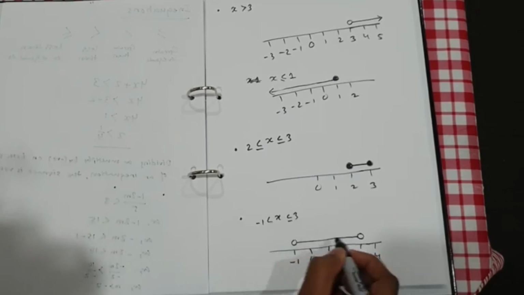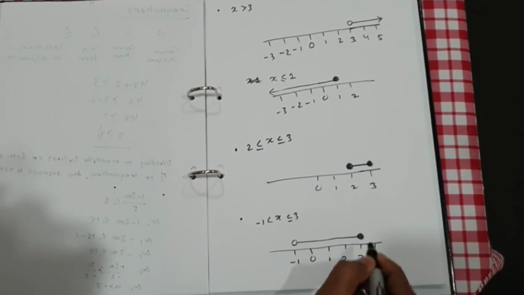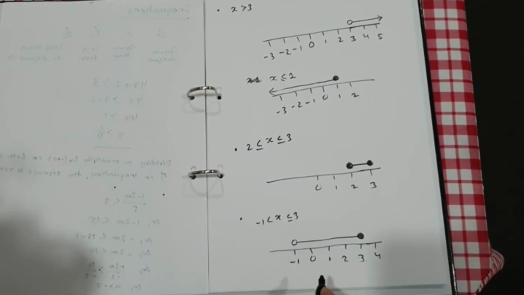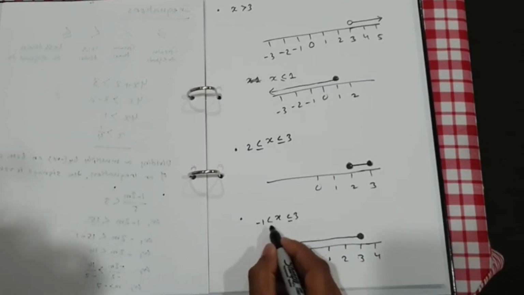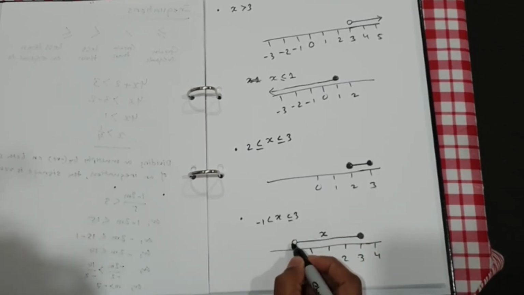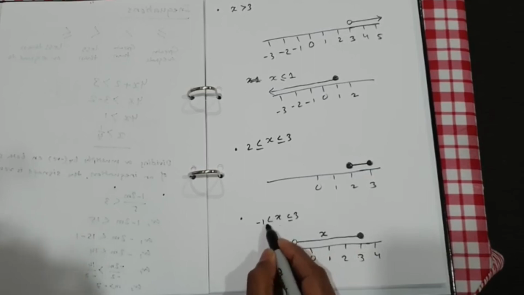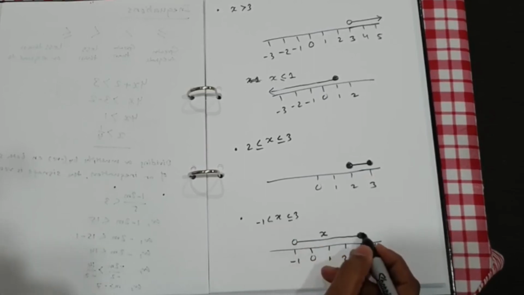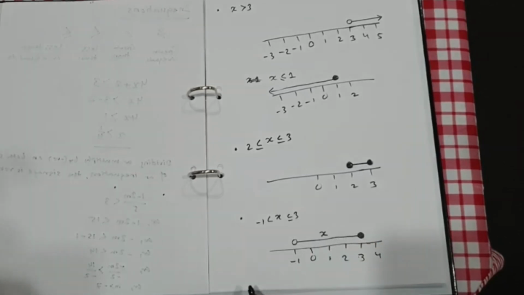You've taken a line. 3 is full, so you've taken a full line. -1 is only greater than -1. So this, and this is the value of x. Starts from -1, finishes at 3. Because it is greater than -1, it doesn't include it. We've taken an empty round, and this is a full round. That's the value of x.